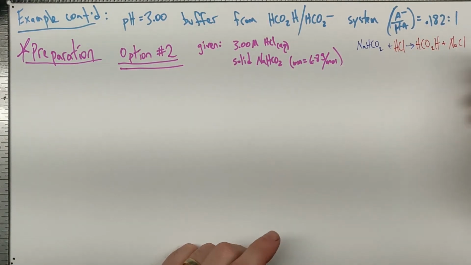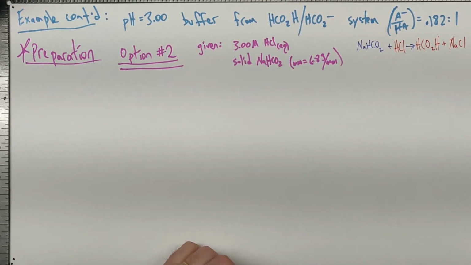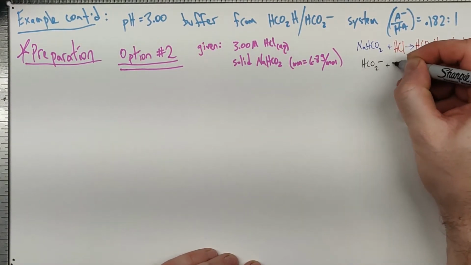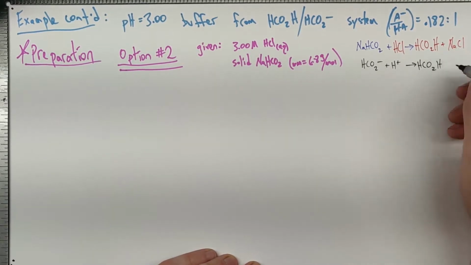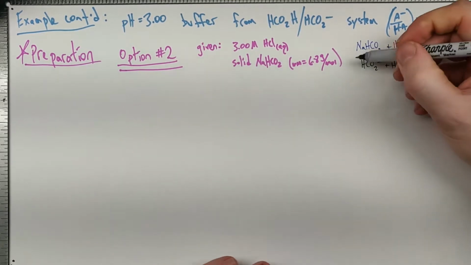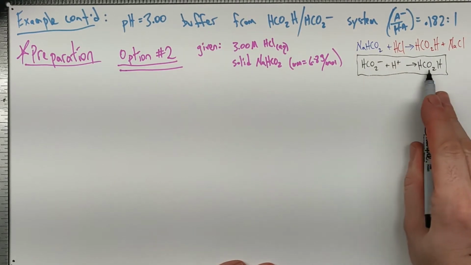Now the catch is that NaCl is a spectator because the Na is a spectator and the Cl is a spectator. So I'm going to write this as just HCO2 minus plus H plus goes to HCO2H. So this is the actual equation we're working with in terms of stoichiometry, and this is the basis for us using this to make this.